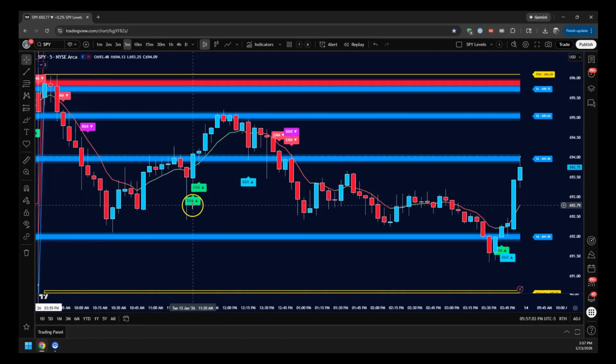And over here on this EMA trade, I got in here, a 694 call, and that was at 11:35 Eastern. Got in for 89 cents, and that one did hit the stop. So 79 cents was the stop on that one. But then right next to it, we got another EMA signal.